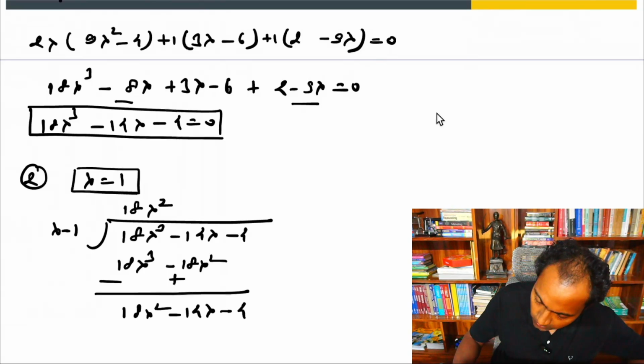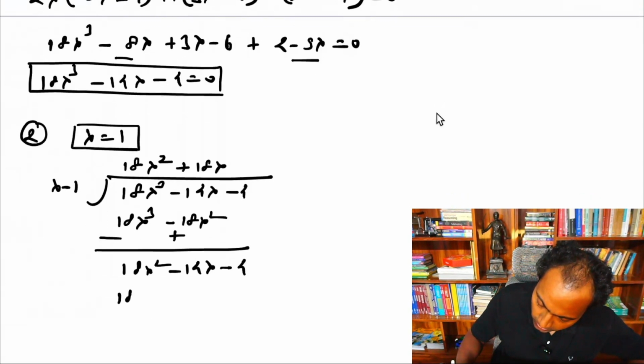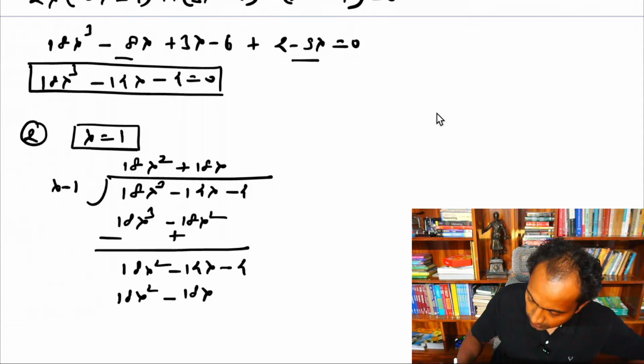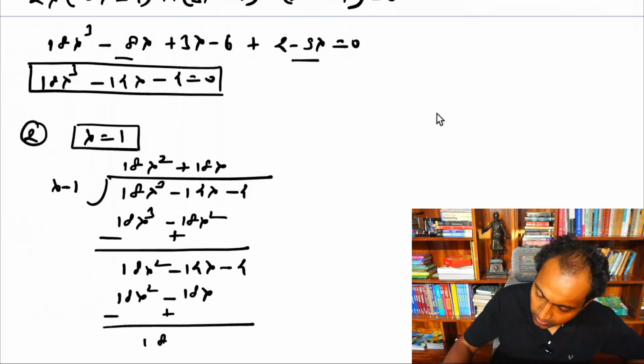And now again we can multiply with 18 lambda, and this comes out to be 18 lambda square minus 18 lambda. Again minus plus would be there. So this comes out to be 18 lambda. If I subtract 14 lambda out of it, this becomes 4 lambda minus 4.